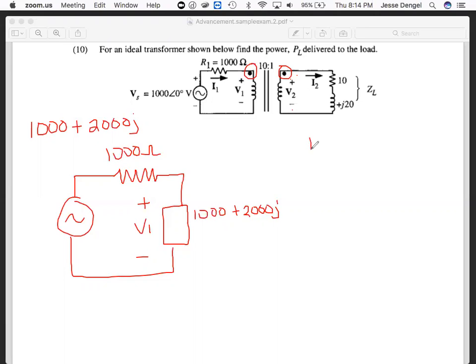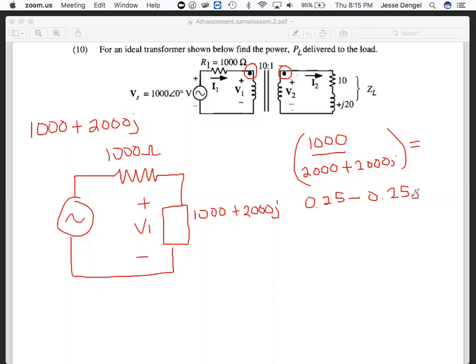So I take 1000 divided by 2000 plus 2000J, and that yields 0.25 minus 0.25J.